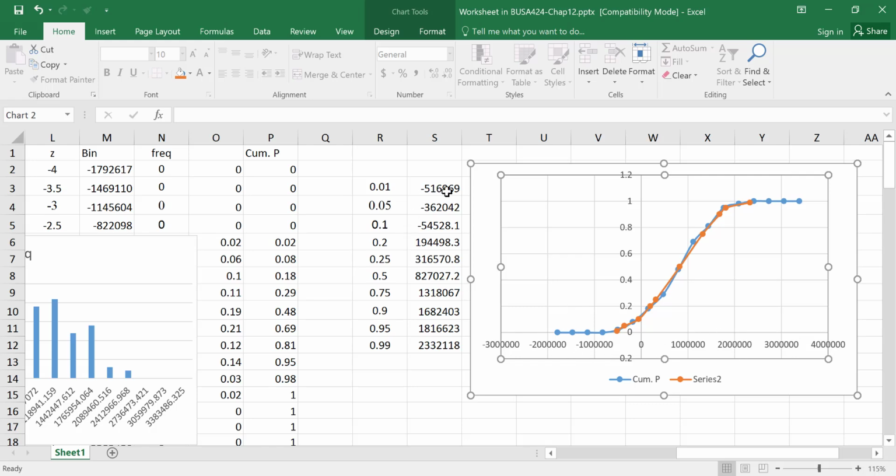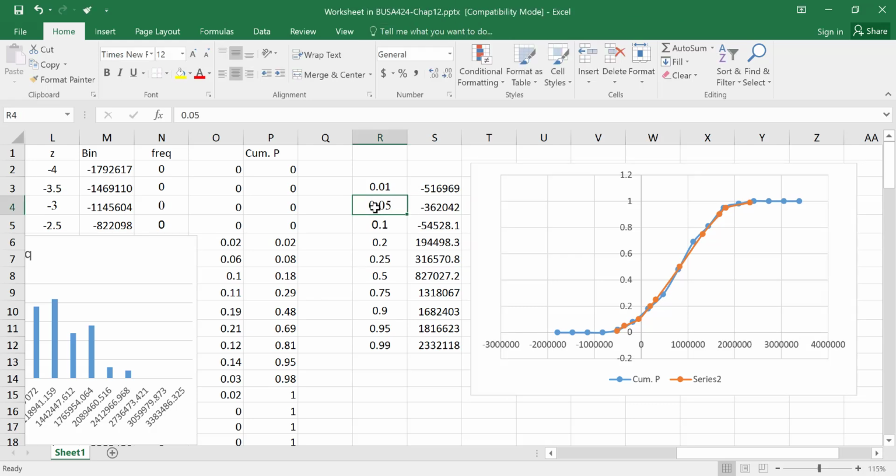So the concept of the percentile means that, for example, for this value, 5% of the simulation resulted in the 362,000 loss or more. That means we are losing more than this value for 5% of the simulation.